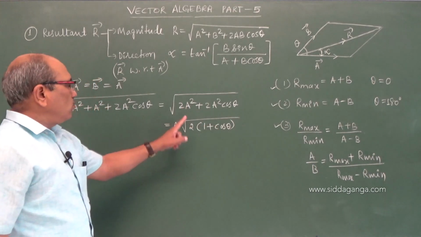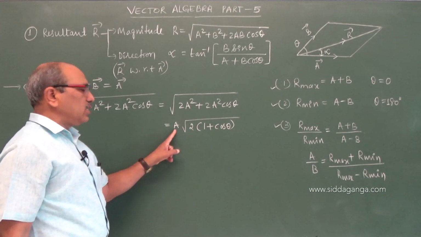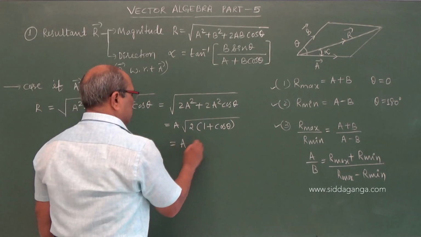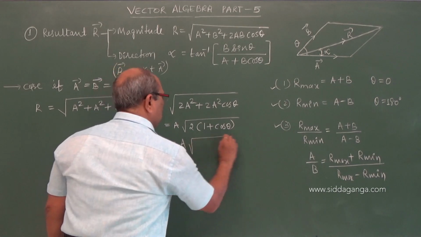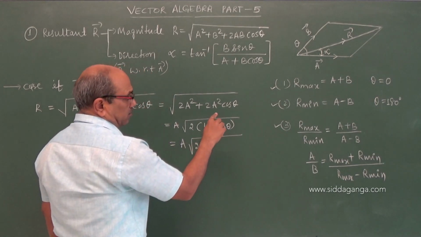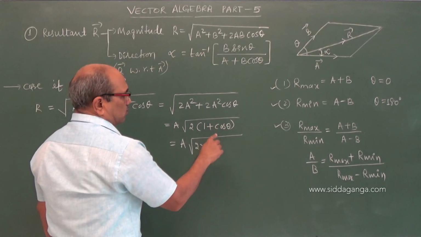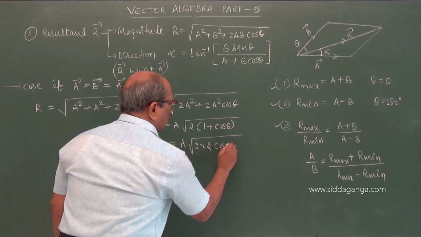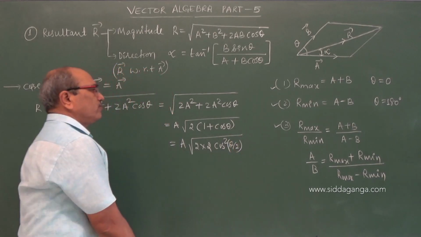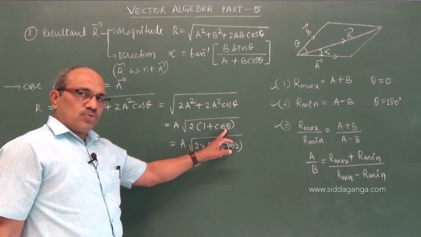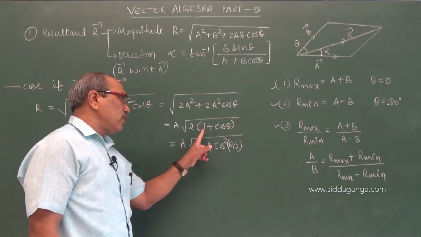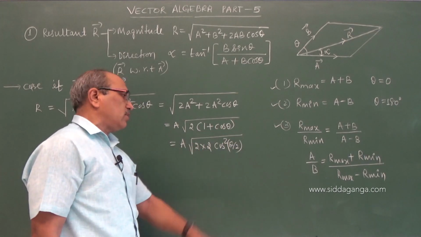You bring 2 and A square completely out of the square root, and 1 plus cos theta can be written as square root of 2 into (1 plus cos theta) by 2. 1 plus cos 2 theta by 2 is cos square theta, or 1 plus cos theta is 2 cos square theta by 2.